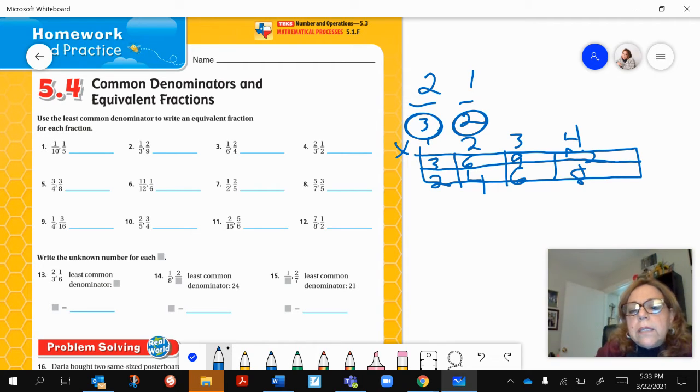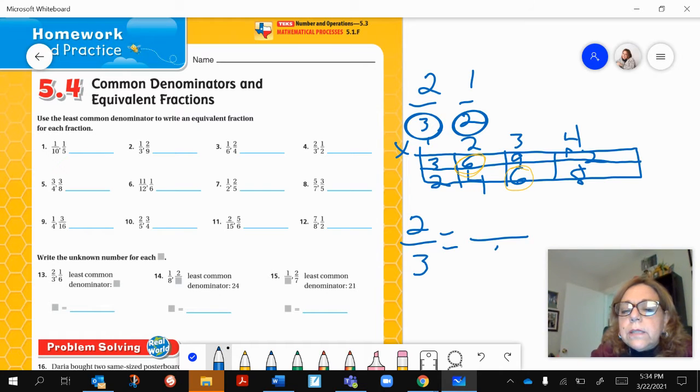This is where I need to ask, do I already have a number in the first row that is also in the second row? And the answer is yes. I can find that I have 6 and 6 that are together. So now I'm coming back over here, and I know that 2/3 is going to be equal to something with a denominator of 6.